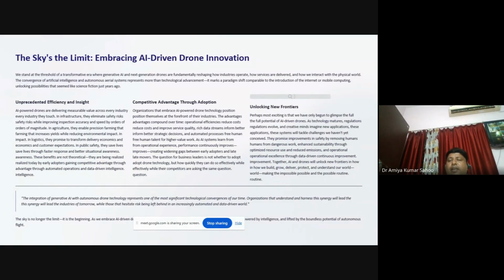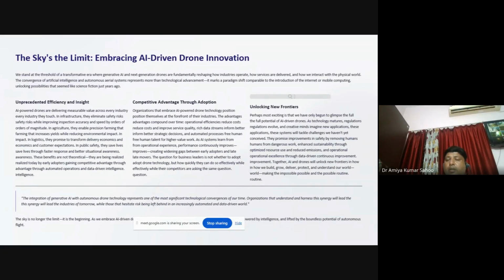It is also unlocking new frontiers. Perhaps most exciting, we have only begun to glimpse the full potential of AI-driven drones. As technology matures day by day, regulations evolve, and creative minds imagine new applications, these systems will tackle challenges we have not yet conceived.